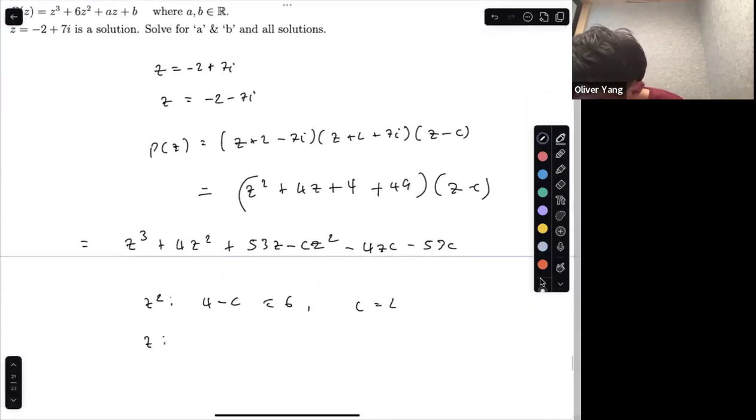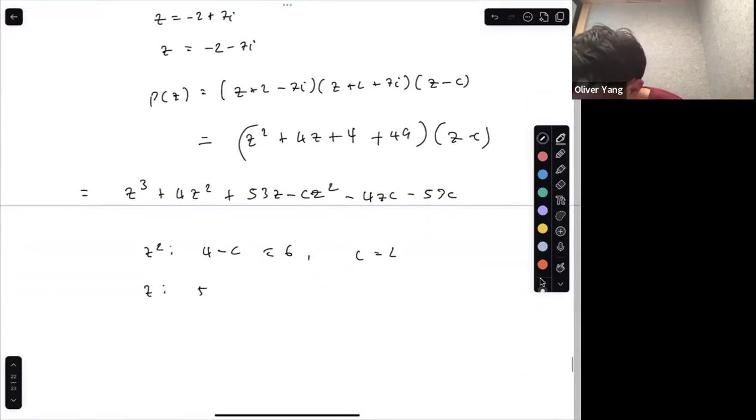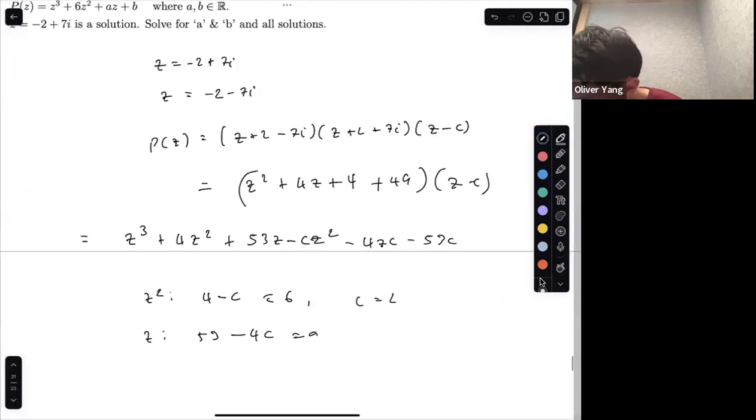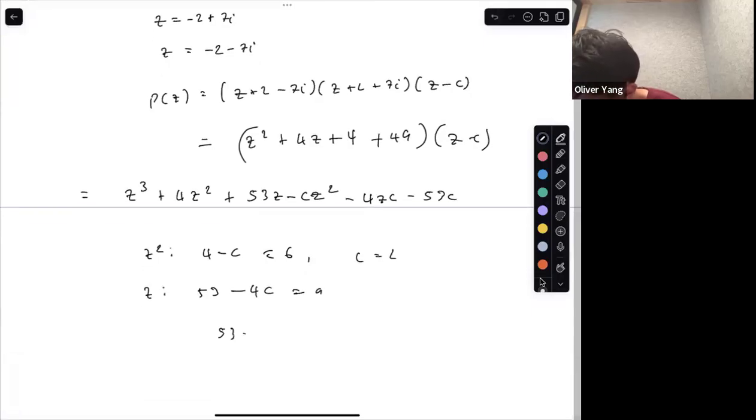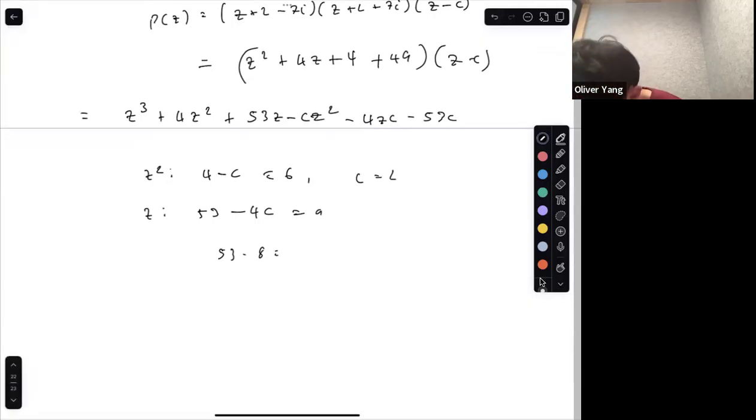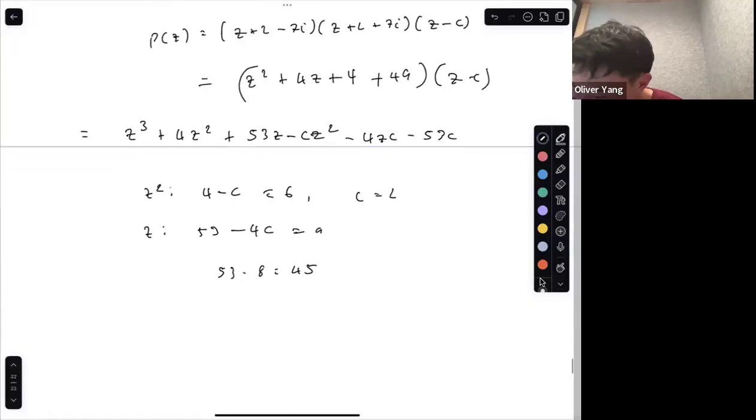And so our Z component would be 53 minus 4C, which equals A, which is 53 minus 8, which is 45, I think. Yeah, whatever.